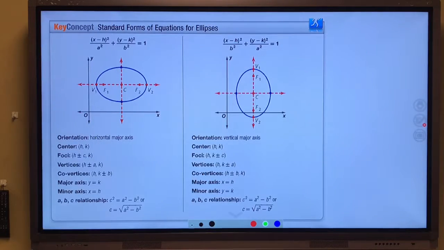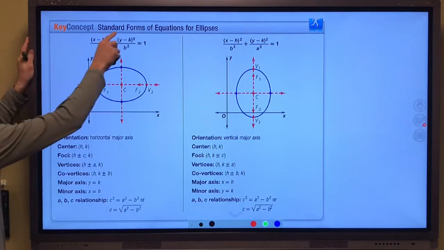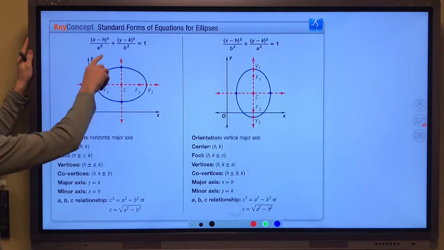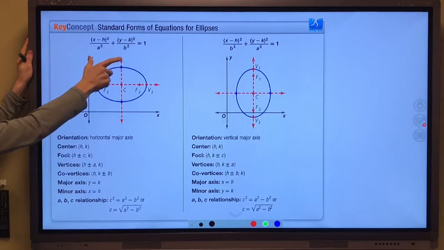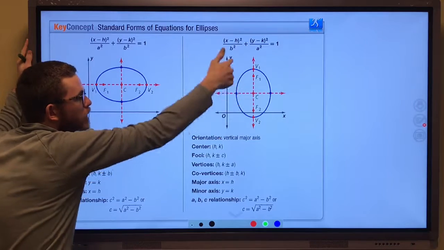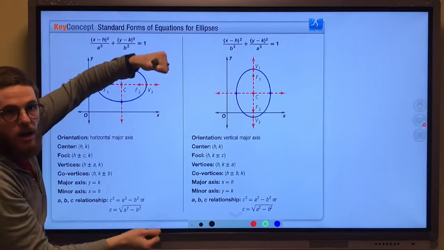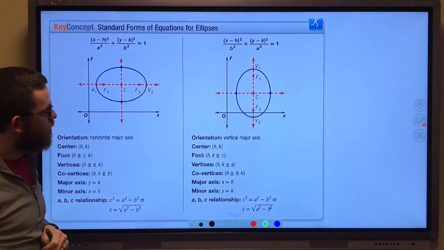Now we do have some standard forms for our equations. They do look kind of terrifying just looking at them here. Notice that it is (x minus h) squared over a squared plus (y minus k) squared over b squared equals 1. And this is very similar to when it is taller than wider.